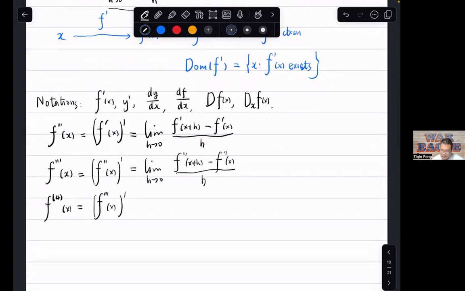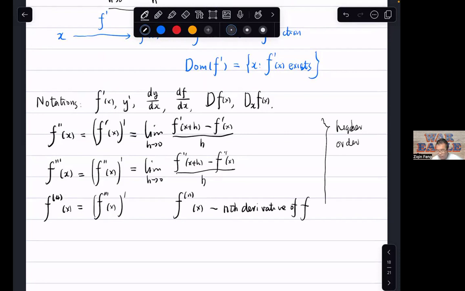And in general, we write f superscript (n) of x to be the nth derivative of f. From here, these are called the higher order derivatives, from the first, second, third, and you can go on and on.